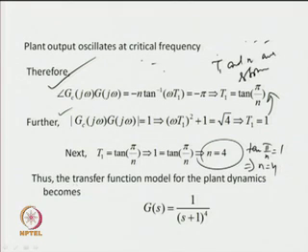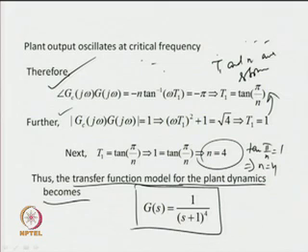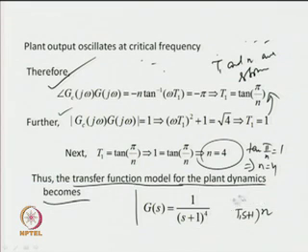Then the transfer function model of the real time process dynamics is given as G(s) is equal to 1 upon (s plus 1) to the power 4. The general form of G(s) is k upon (T1 s plus 1) to the power n, and n is 4, T1 is 1, k is 1. Therefore, the process model is found to be G(s) is equal to 1 upon (s plus 1) to the power 4.